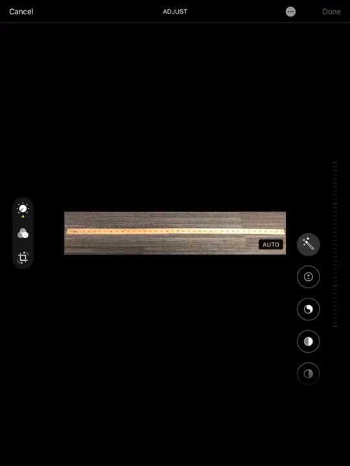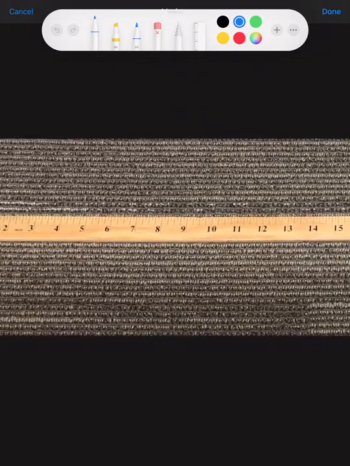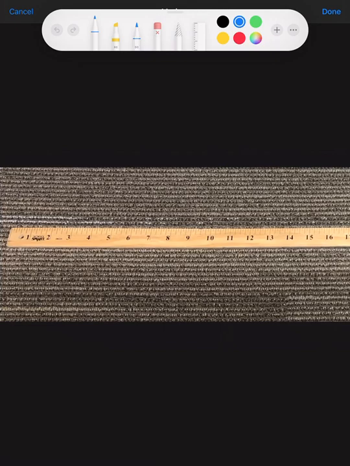Let's go ahead and do this. I'm going to zoom in here, get the 16 inches about right here. And this distance is 16 inches. Right there, that's 16 inches. And the next one is going to be 2 feet.